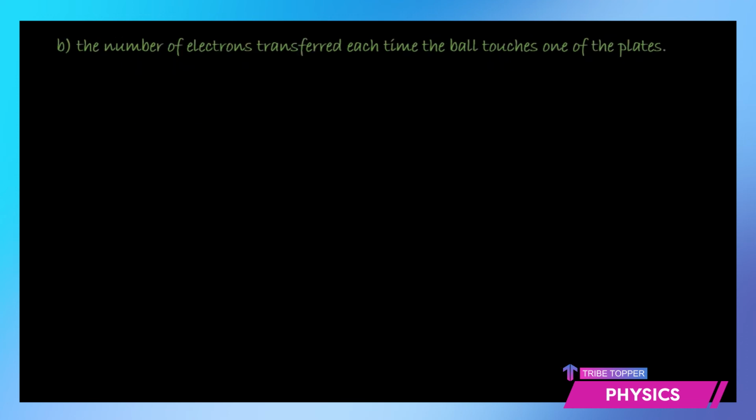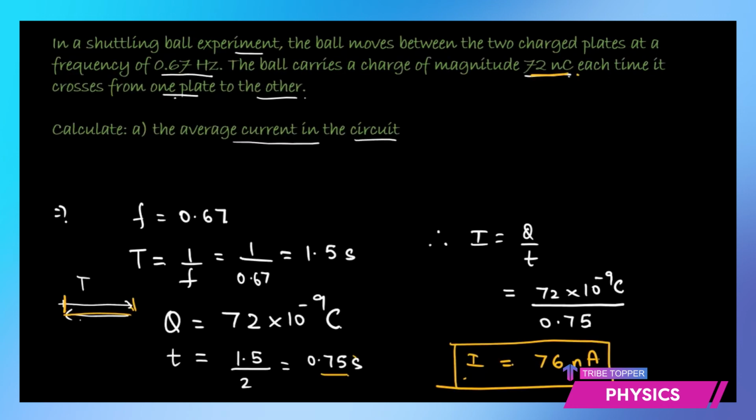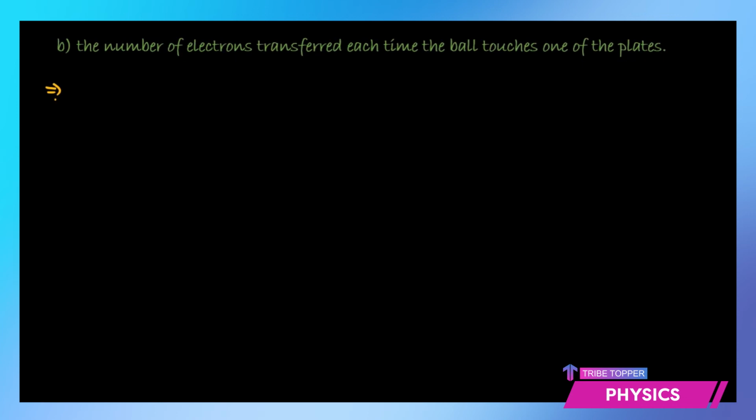In the B part, they ask, what is the number of electrons transferred each time the ball touches one of the plates? Each time the ball touches one of the plates, the charge is 72 nanocoulombs. So Q transferred each time is 72 times 10 to the power negative 9 coulombs, and E, the charge on one electron, is 1.6 times 10 to the power minus 19 coulombs.